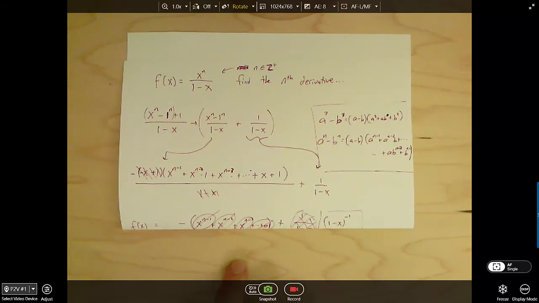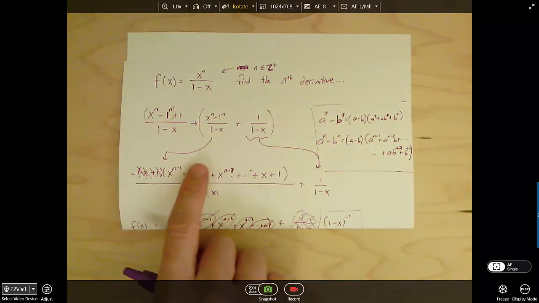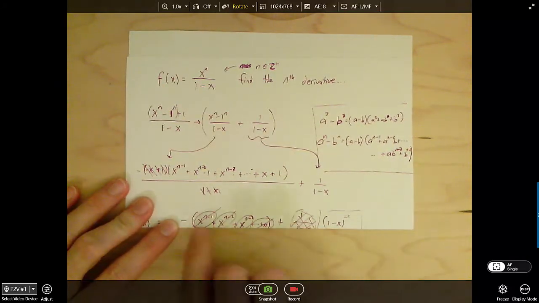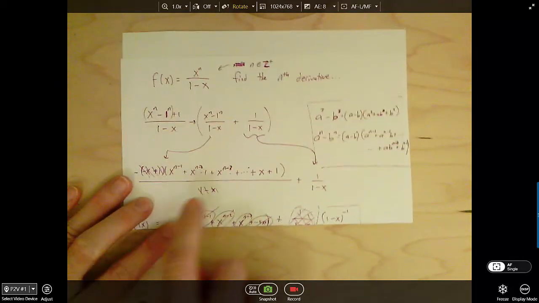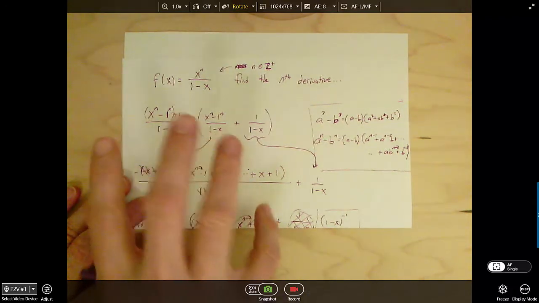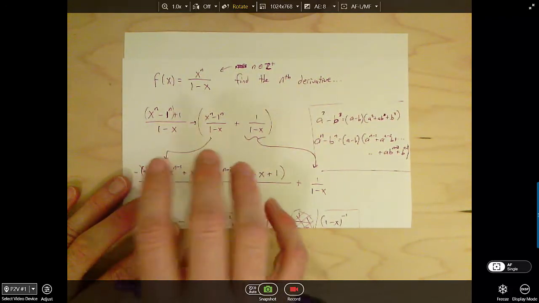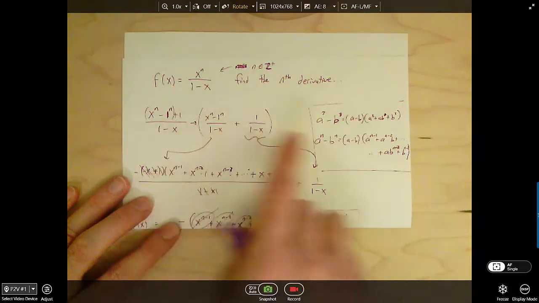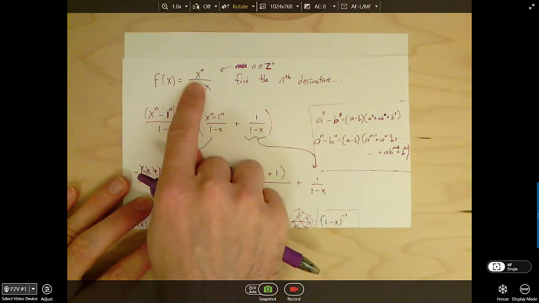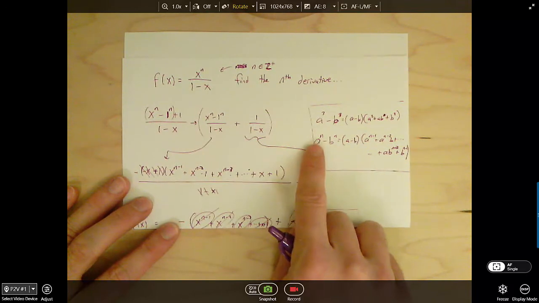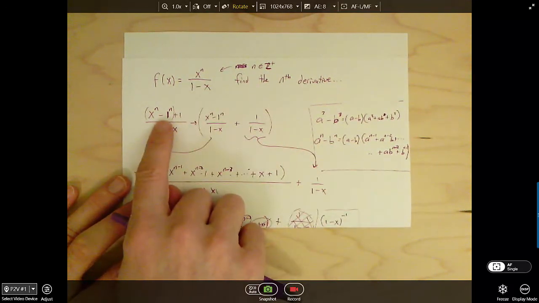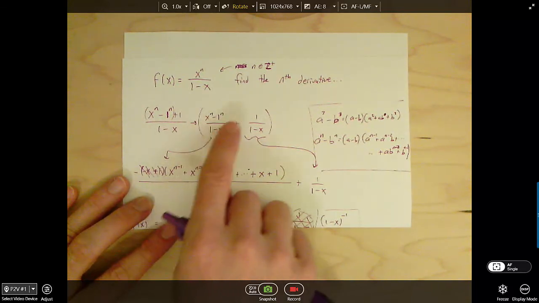I hope it doesn't seem like magic, because really it just comes from, first, desperation, and then second, remembering past problems and being able to spot things that don't look exactly the same, but that are similar enough that you could force your problem into the form in which they'd apply. So x to the n is similar enough to a to the n minus b to the n that it let me introduce something that would let me force it into the appropriate form to solve.